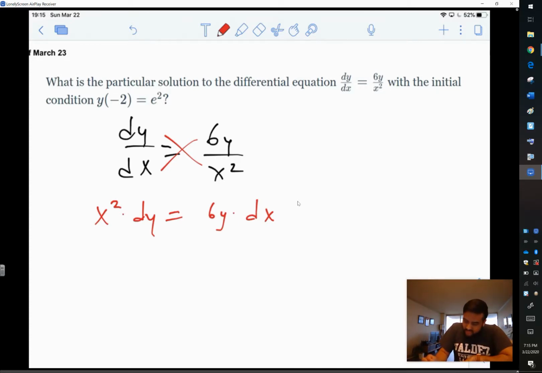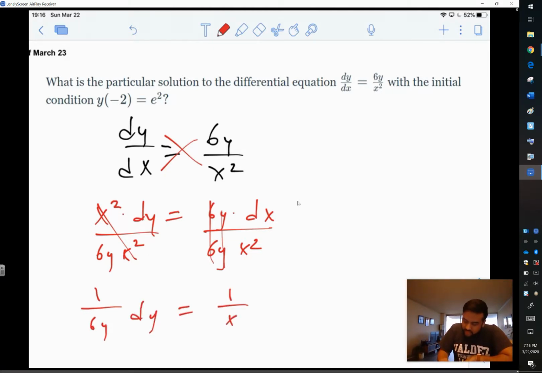Let's see, x's with dx's, y's with dy's. If I divide both sides by 6y and also divide both sides by x squared, I'm going to get exactly what I wanted. Getting 1 over 6y dy equals 1 over x squared dx.